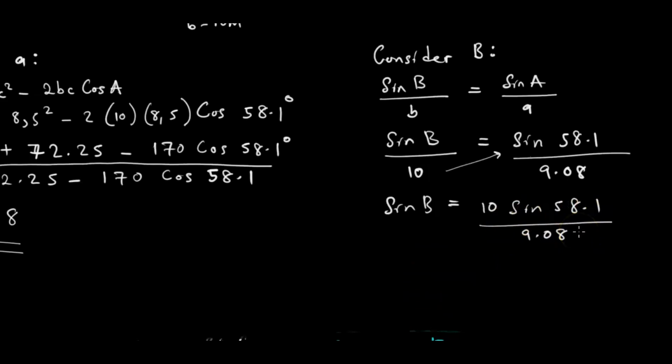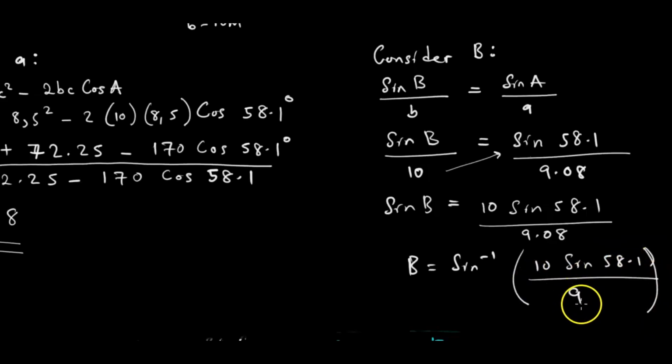But if we have a strong enough calculator, tinogona kutoti B is equal to the arc sine of 10 sine 58.1 over 9.08. Tozongoya kuno kuti titonyora our final answer. It's doable. Saka in my calculator ndenda kubaya shift, ndabaya sine, then ndobaya pattern rakanzi x over y.